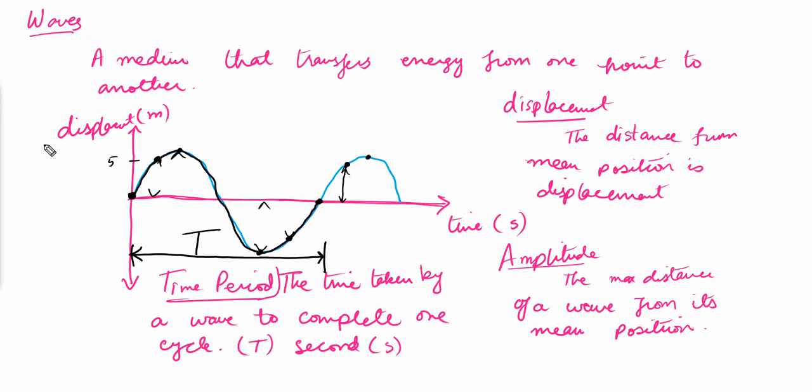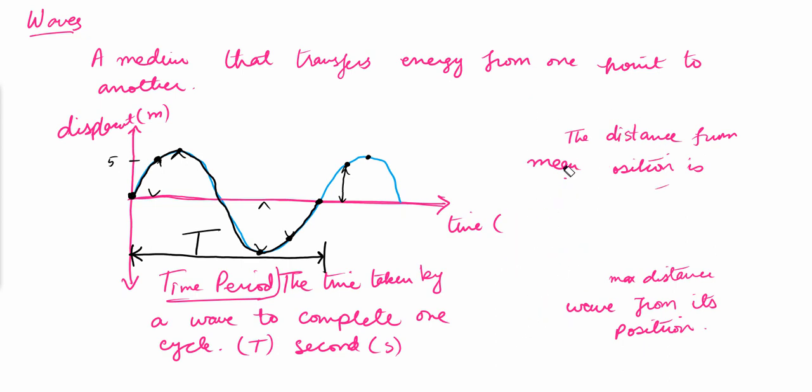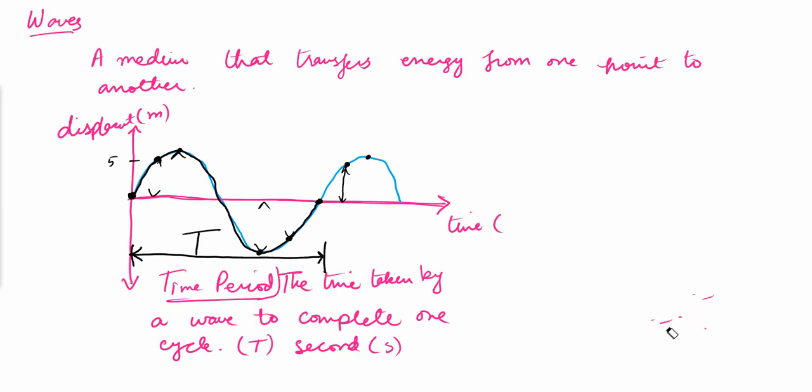Now the next one that we have to discuss is the frequency. Frequency is related to the time period. Let me write down the definition first, and then I'll show you the relationship between the frequency and the time period.